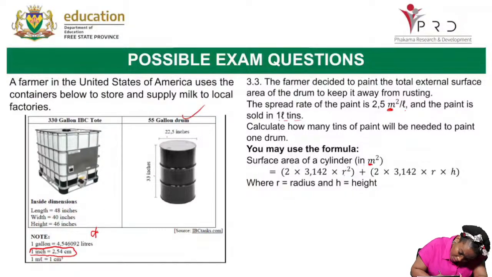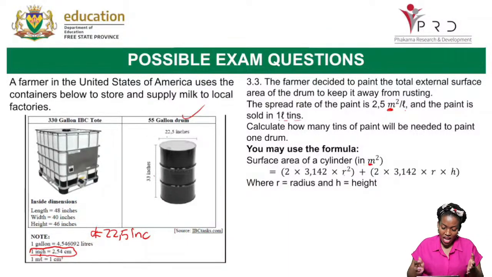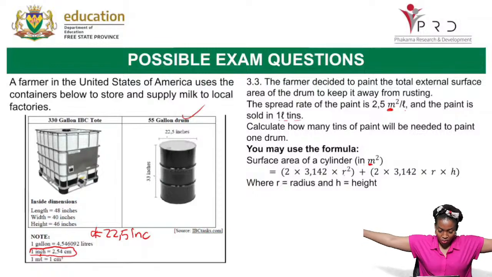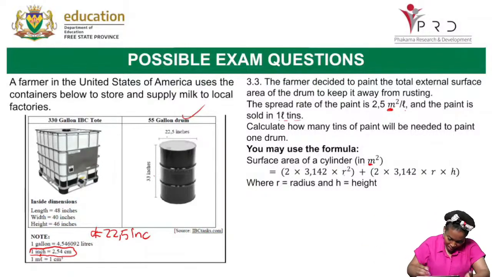The diameter is equal to 22.5 inches. We are moving from a bigger unit to a smaller one, so we are still going to multiply.